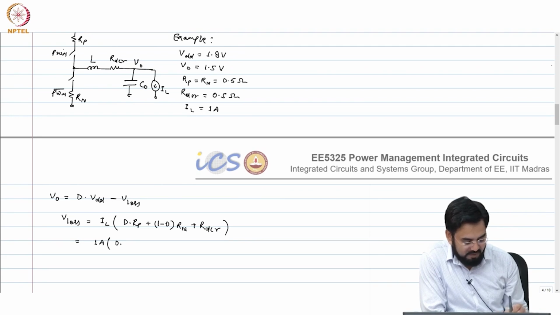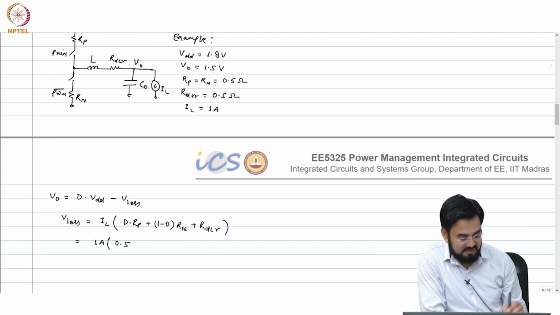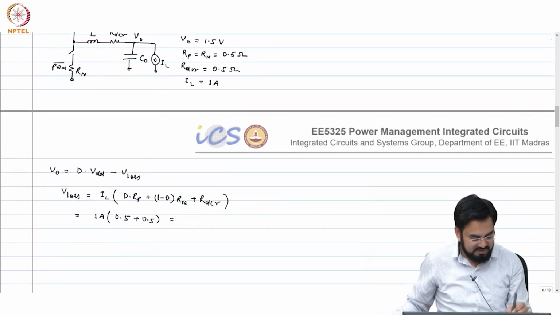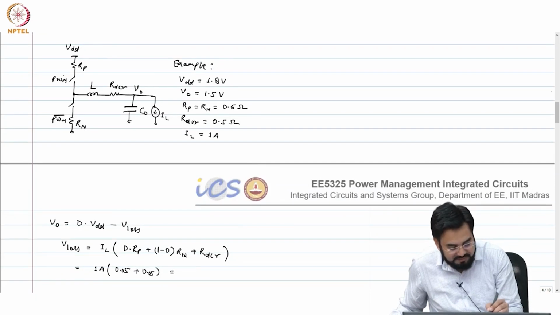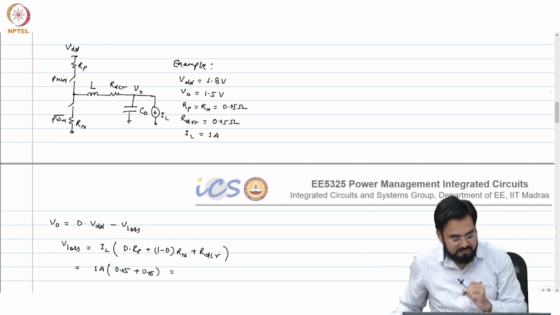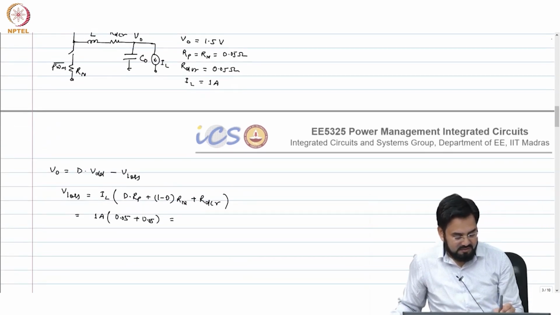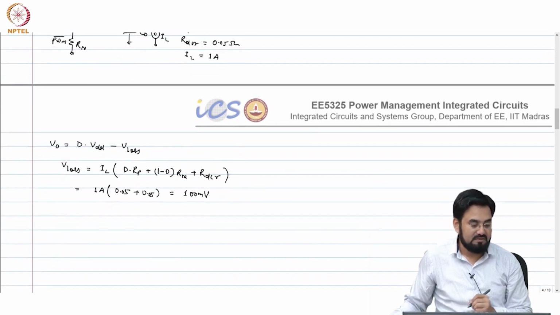So, this will become 0.5 plus 0.5. So, this is nothing but 1 volt, no sorry, 0.05, sorry, no, 0.5 is too high. So, 50 milliohm, correct. So, this is 100 millivolt.